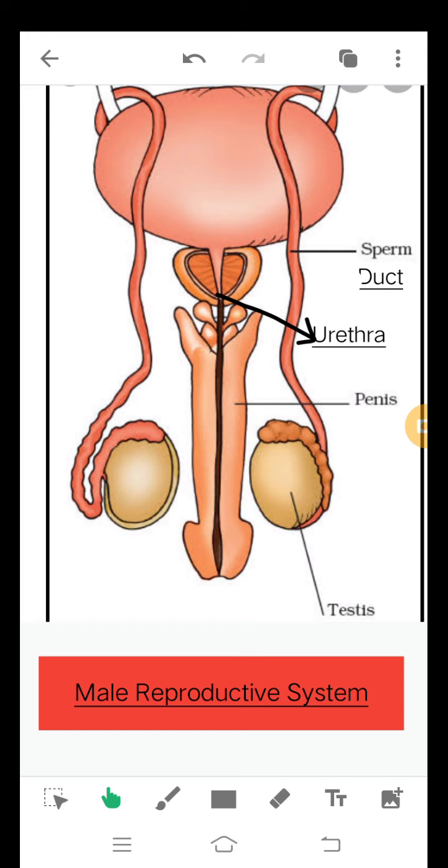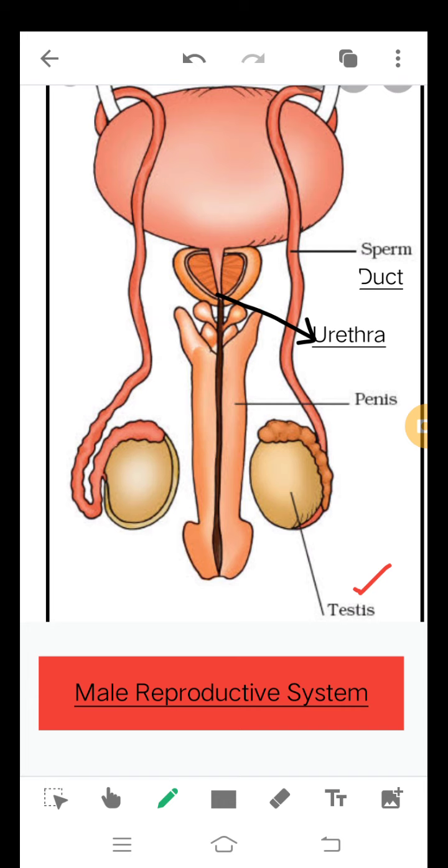First of all, the first and very important part of the male reproductive system is the testes. Testes are those parts which produce the male gamete. So the male gamete, which is called a sperm, is produced in the testes.